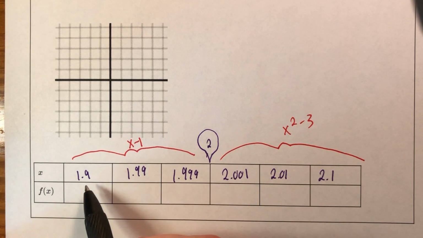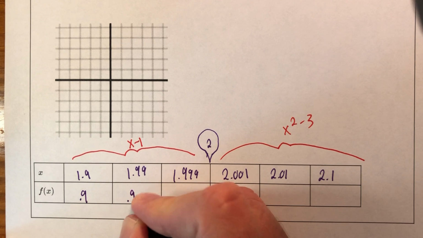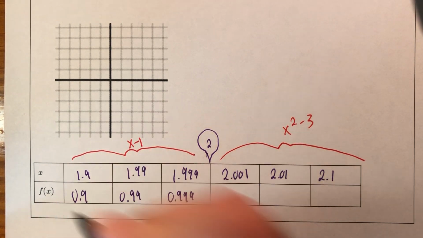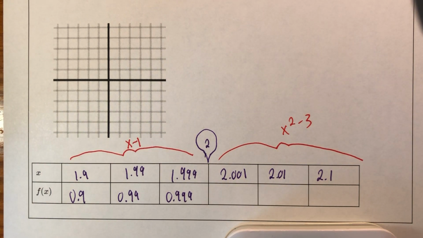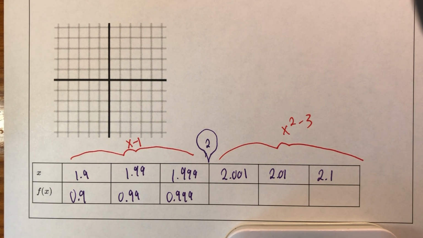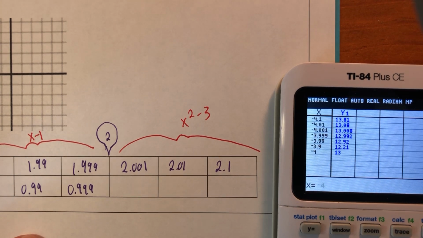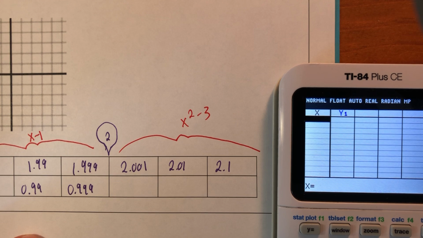x minus 1, if I plugged in these x values into x minus 1, I would have 0.9, and I'd have 0.99 and 0.999. Personal habit of mine, I like to put zeros because of aesthetic beauty there. x squared minus 3 is a little harder to do with these numbers, so we'll just type them in. We can go to the table and delete anything you have, then enter 2.1, 2.01, 2.001.